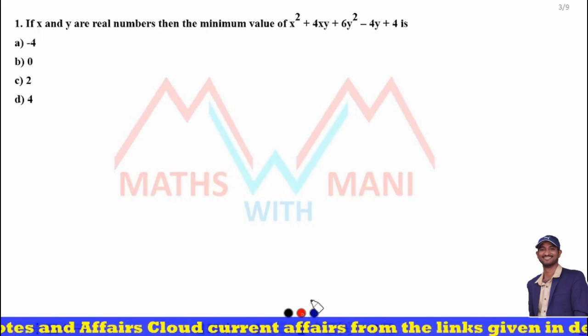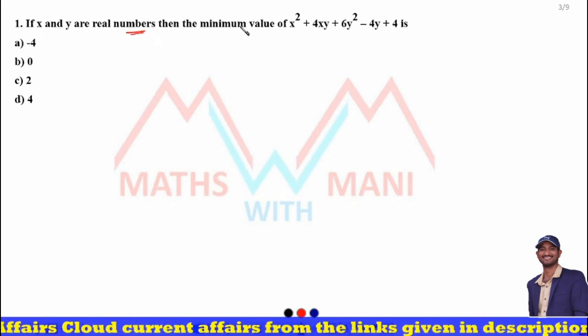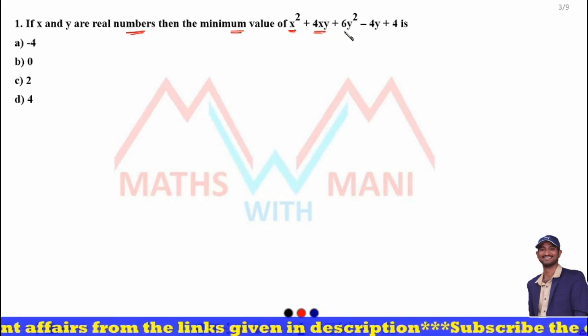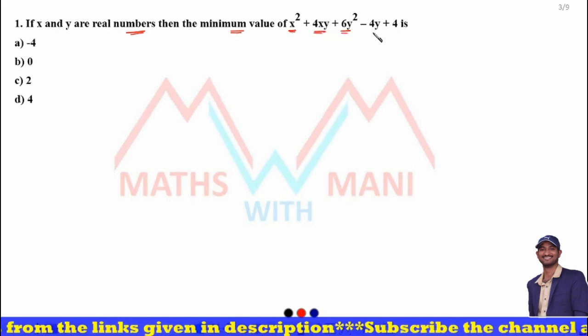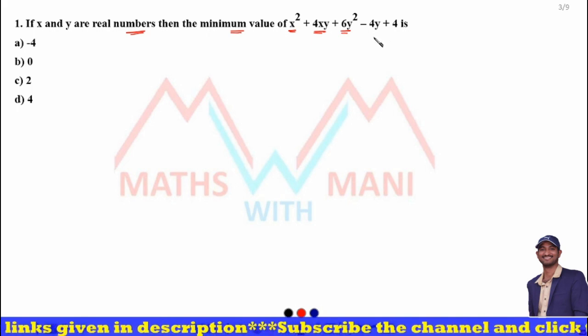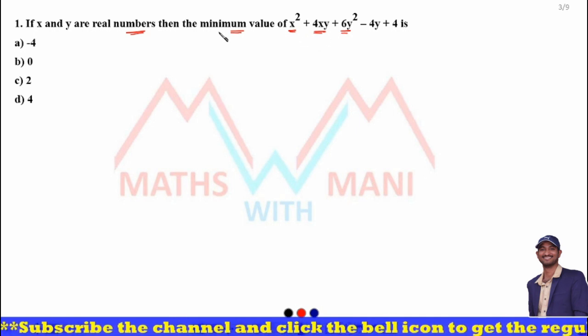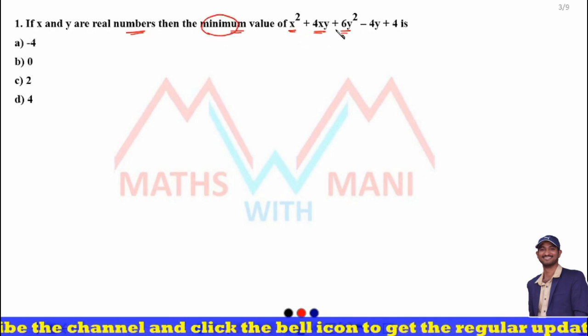X and Y are real numbers. Then the minimum value of x square plus 4xy plus 6y square minus 4y plus 4. This is an expression having two variables x and y, and you have to find out the minimum value of this expression.